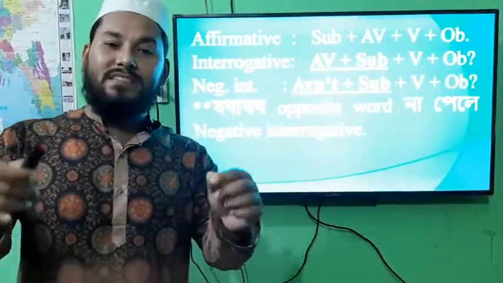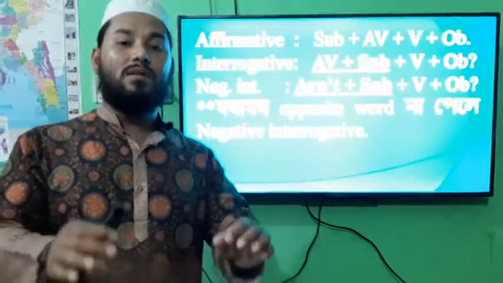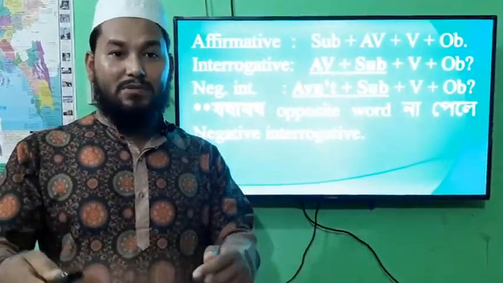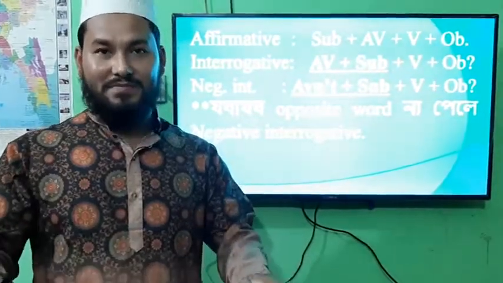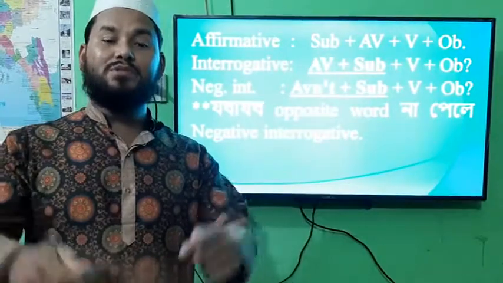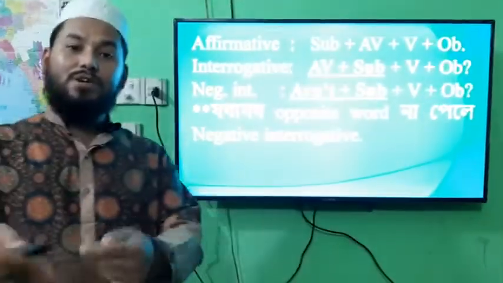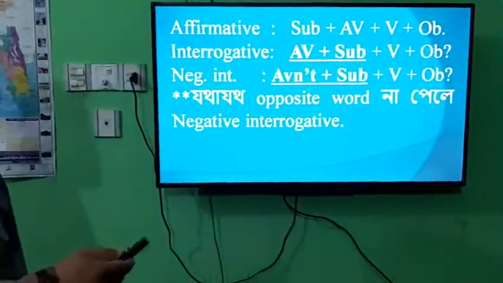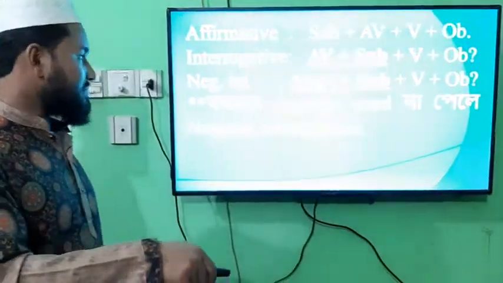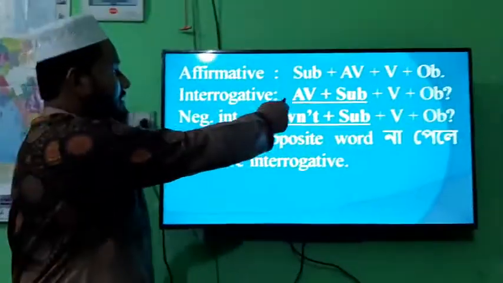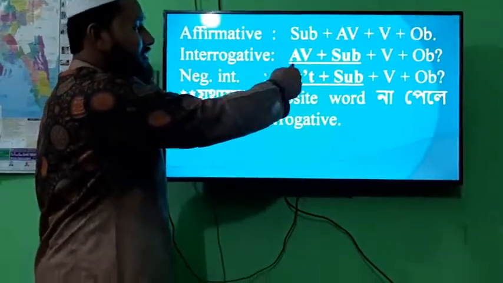Actually, I want to make a sentence negative, but there is no proper opposite word which can maintain the meaning clearly. That time what should we do? That time we have to make that sentence negative interrogative. Okay. So we need to know how to make negative interrogative.